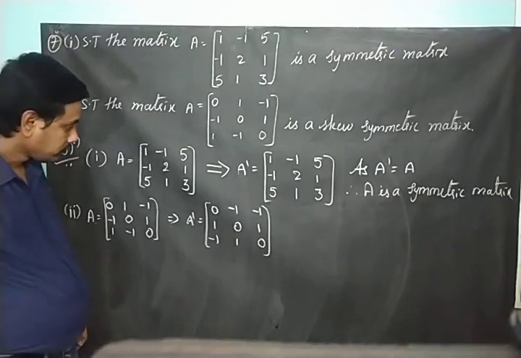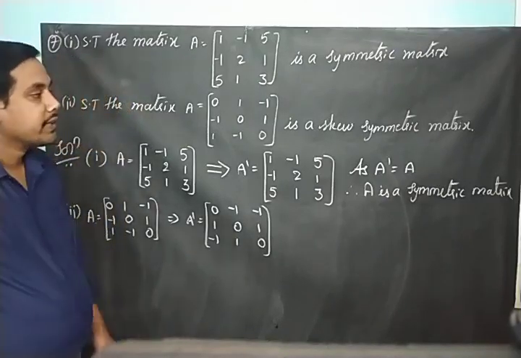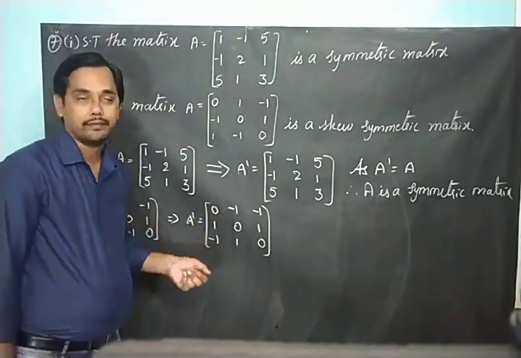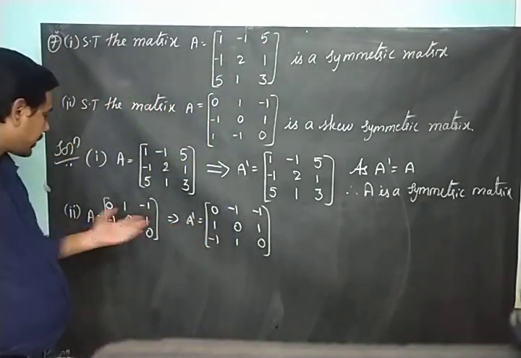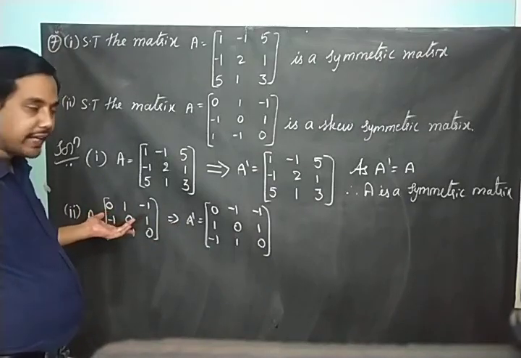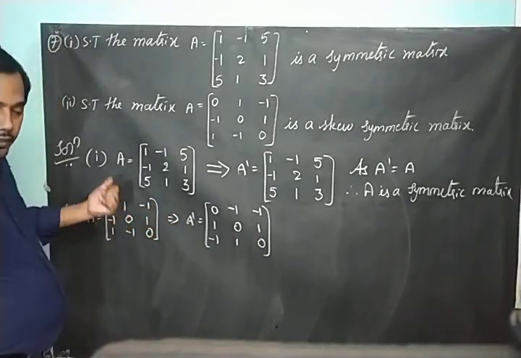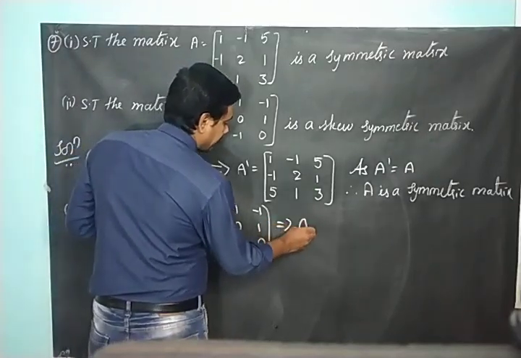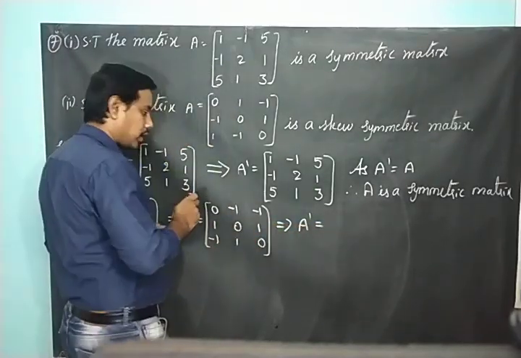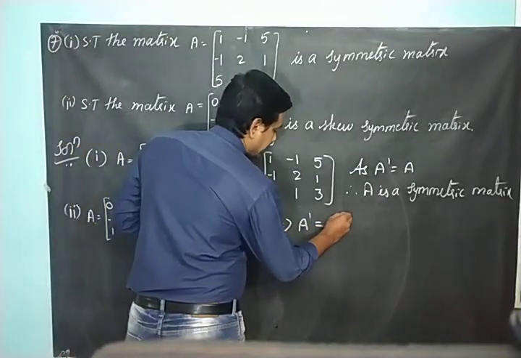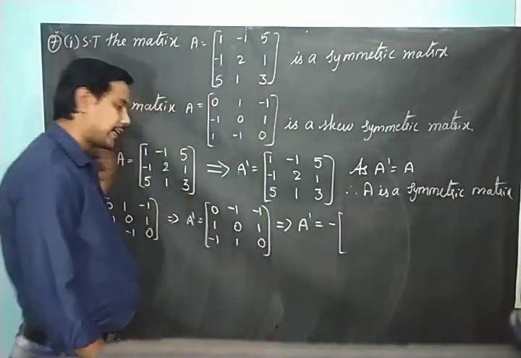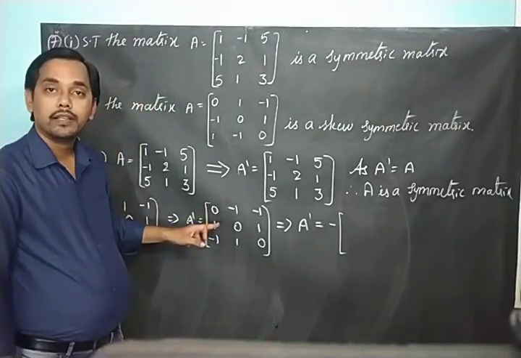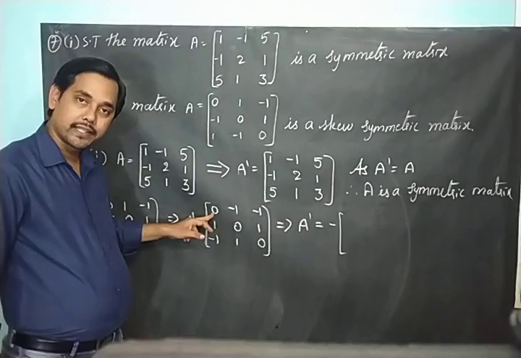Now, what should be the condition for a skew symmetric matrix? A dash should be the negative of A. So from here it is obviously not equal to A. So let us try whether it is the negative of A. If I take the negative sign outside, then all the values will change sign inside the matrix. If positive values are there, they will become negative.